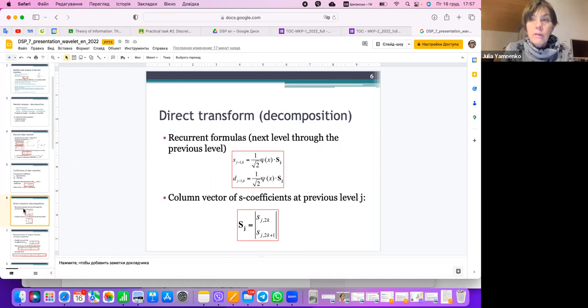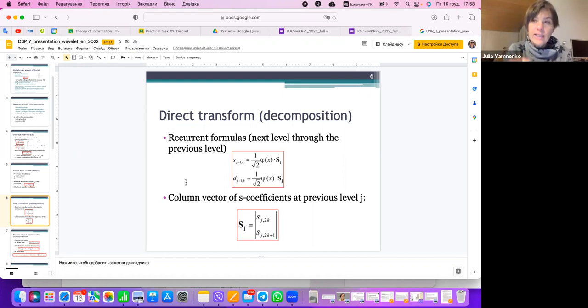And then after we did all the calculation at the maximum level, so we calculated S coefficients, we go next to the next level, and we will use the coefficients that were calculated before at the previous level in order to calculate coefficients at this next level.